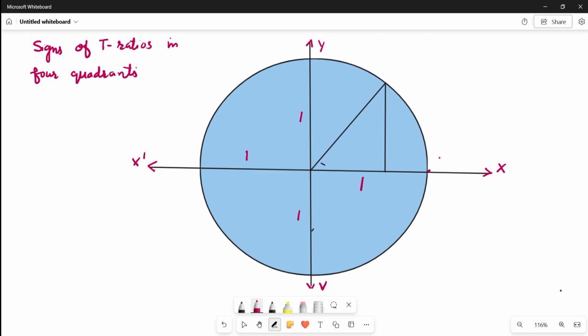Now let this point be A, this point be B, this point be C, and this point be D. Therefore, since the radius is 1, the coordinates of A are 1, 0, and the coordinates of point B are 0, 1. Coordinates of C are minus 1, 0, and coordinates of D are 0, minus 1.